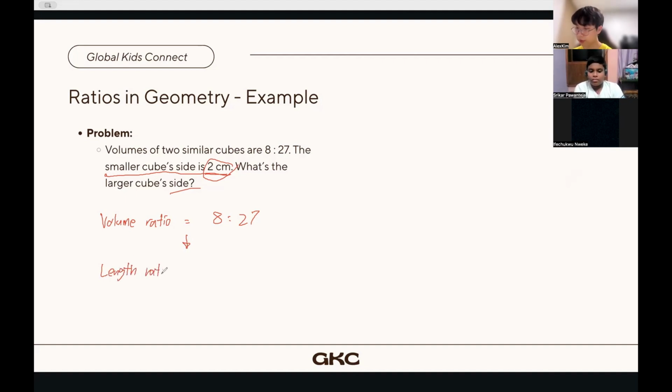If you remember, the volume ratio is the power of 3, or the cube, of the length ratio. So if we take the cube root of the volume ratio, which is the same as writing 8 to the 1 over 3 to 27 to the 1 over 3, then this can be rewritten, because 8 is 2 to the power of 3 and 27 is 3 to the power of 3, each to the power of 1 over 3.